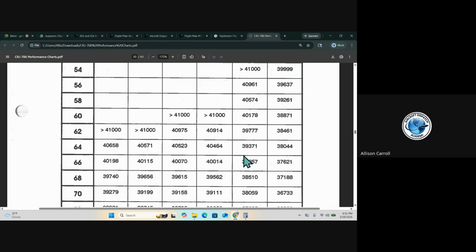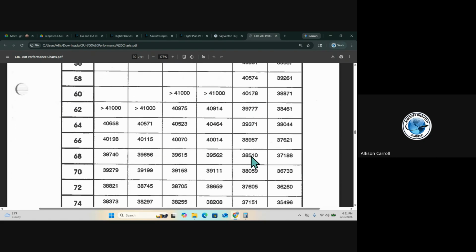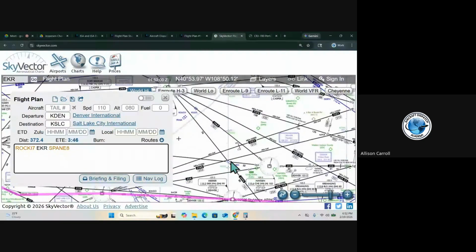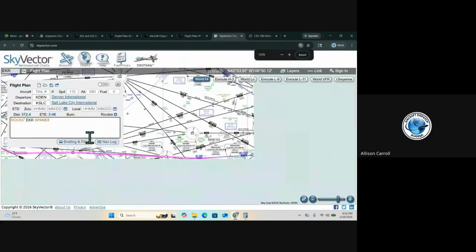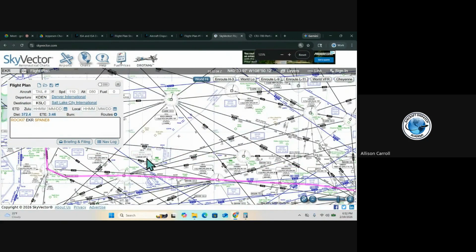Because this is our max, we wouldn't be able to get all the way up to 39,000 feet. So we would be at 37,000 feet if we were going east. Okay, so 380, that is our flight level. Now, in reality, would we get all the way up to 38,000 feet going from Denver to Salt Lake? No, absolutely not.